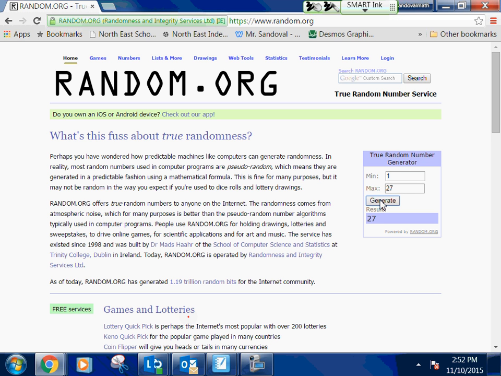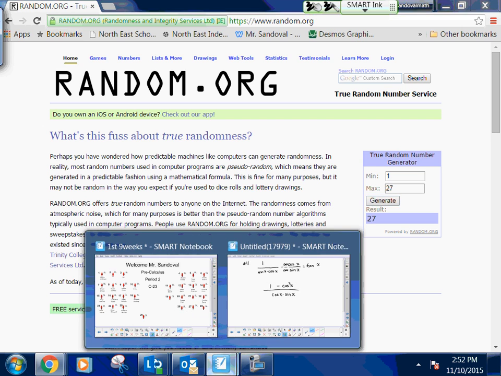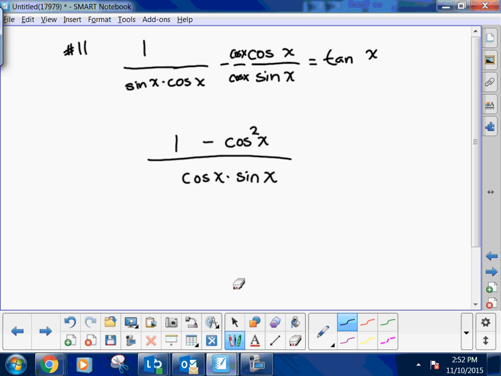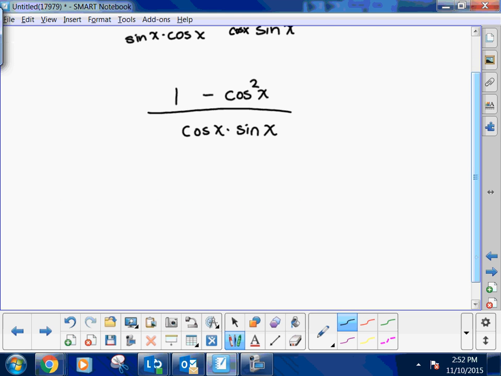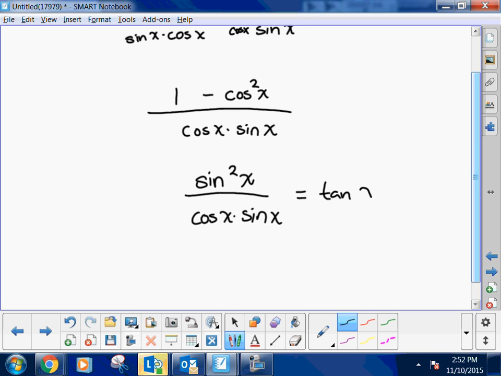So what Carver told us is that this numerator is actually going to equal sine square x, and so this is going to be over cosine x times sine x. And this is going to be equal to tangent x.